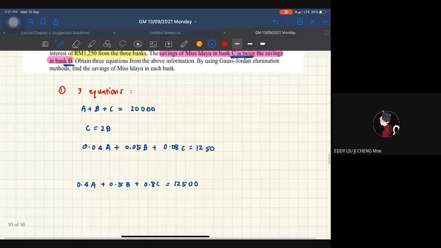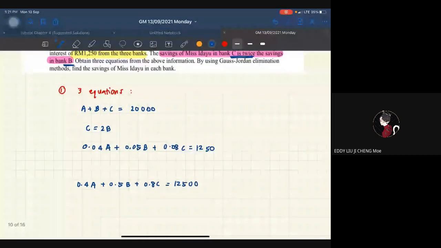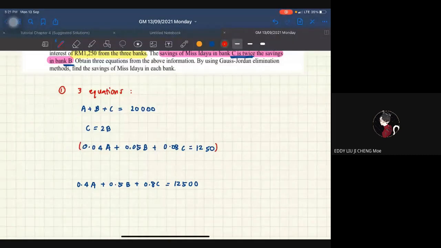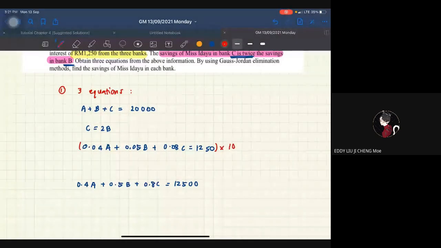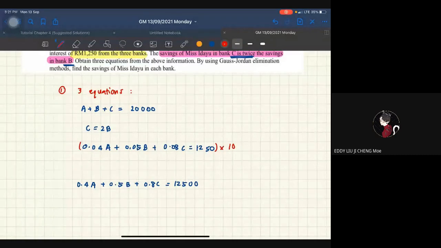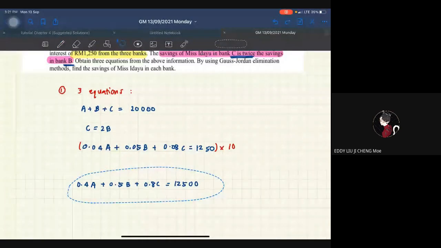Darabkan everything dengan 10 sebab dia tak nak nombor dekat sini kecil sangat. This one is 0.04 kan, dia nak jadi at least besar sikit lah nombor tu. So maksudnya you need to multiply everything with 10. So this is what you will get kat bawah ni.